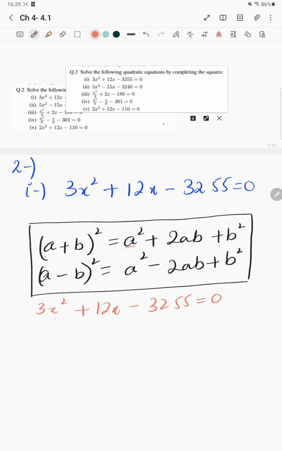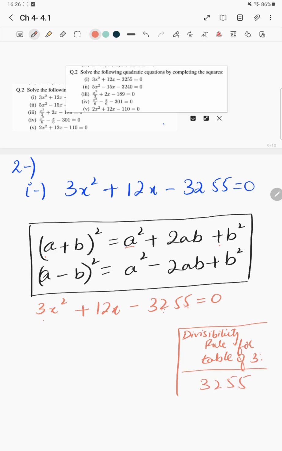So can I divide the whole equation with 3? Is it divisible by this number? What is the divisibility rule for 3? If I have a number 3255, how would I know that if it is divisible by 3 or not?